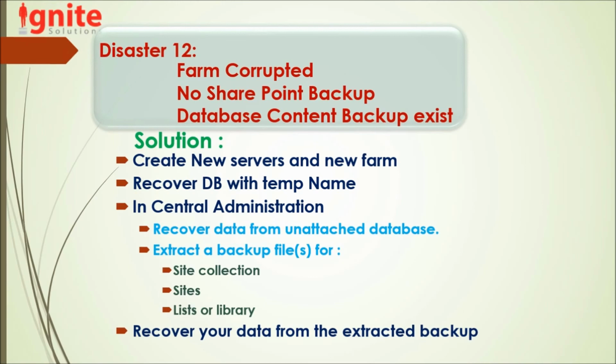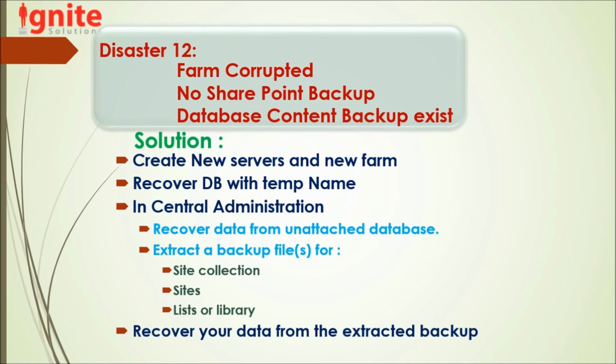What should you do? Or suppose you want to restore a library or a list only and you do not have such kind of backup in your backup files. What should you do? Okay, here is how to manage.